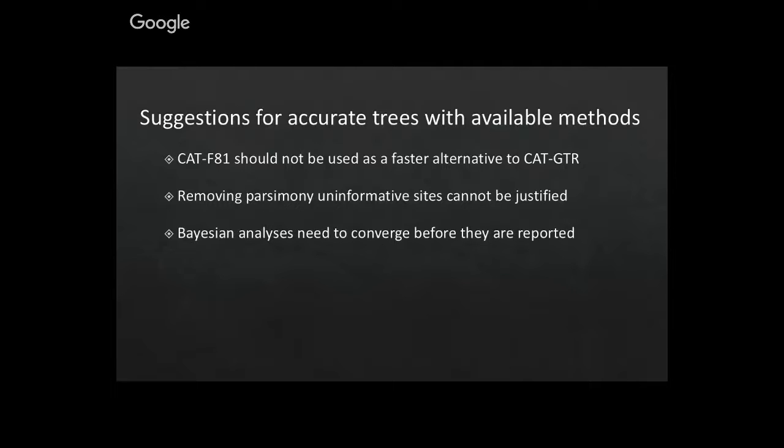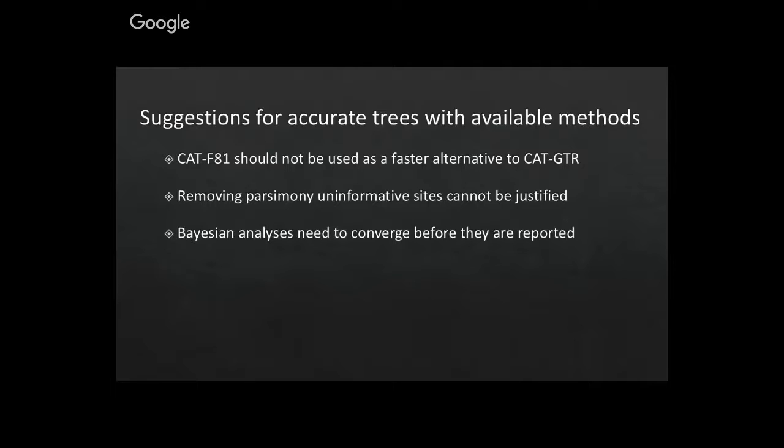And then without calling out names or anything, a troubling trend that I've been seeing, especially when running site-heterogeneous models, particularly the CAT models, is that people have been reporting Bayesian analyses that show no evidence of convergence. What will happen is convergence statistics are reported, and those convergence statistics don't show any evidence of convergence, and yet the trees are reported.